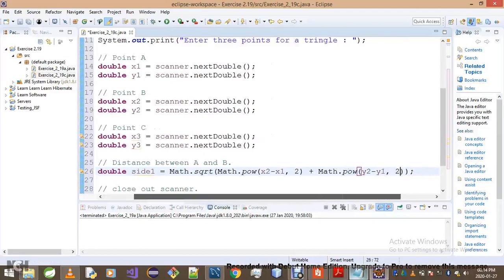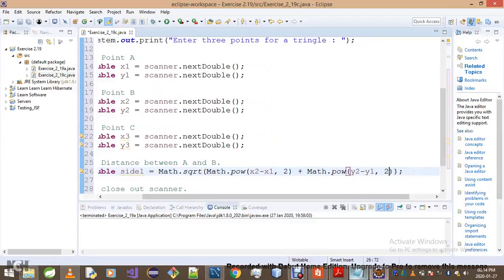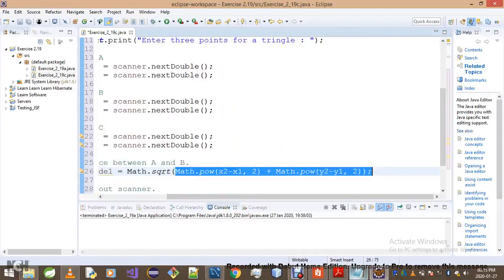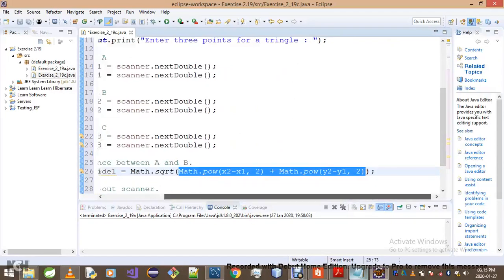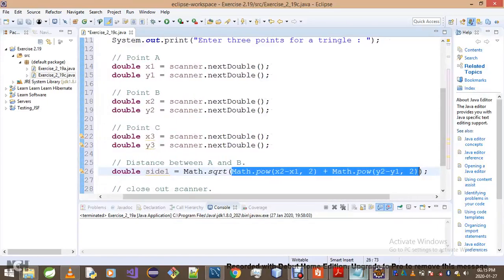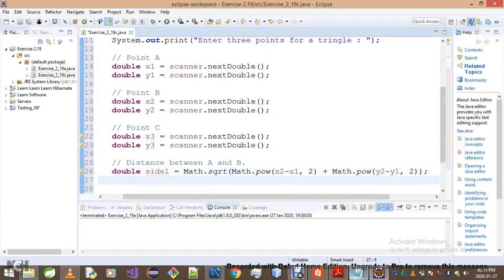Of course, it's not like we could not have replaced this part by simply y2 minus y1 multiplied by y2 minus y1. It's not like you always have to have one and the same thing. As I'm saying, coding is a matter of making a choice, even though you've got to know what's wrong and what's right compared to the other, of course.